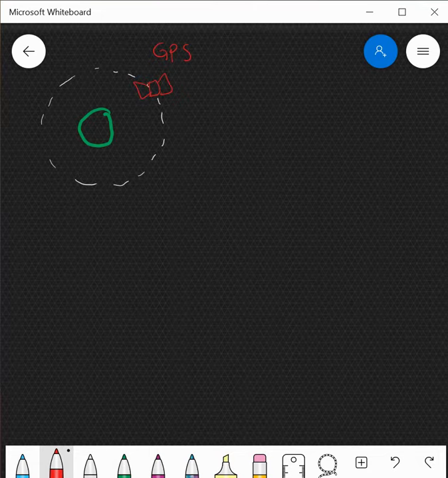Let's say the height of the satellite from the surface of the Earth is 2.02 times 10 to the power of 7 meter.